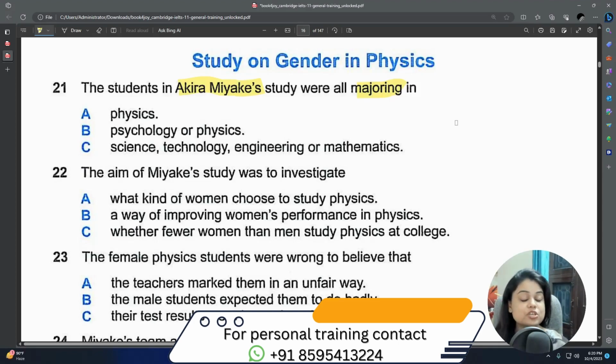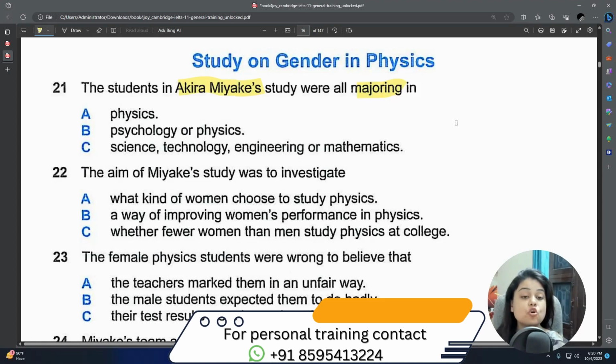So I would suggest that when you get time for the revision of section 2, then don't waste your time in revising that. Instead of that, quickly come to section 3 and read these questions.